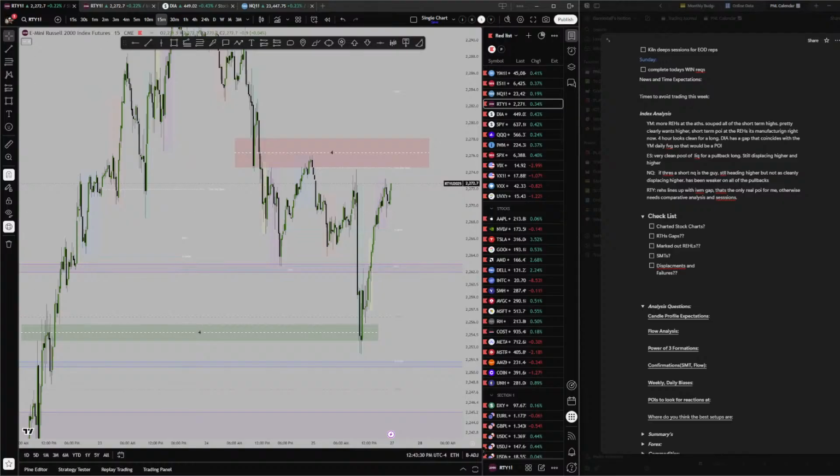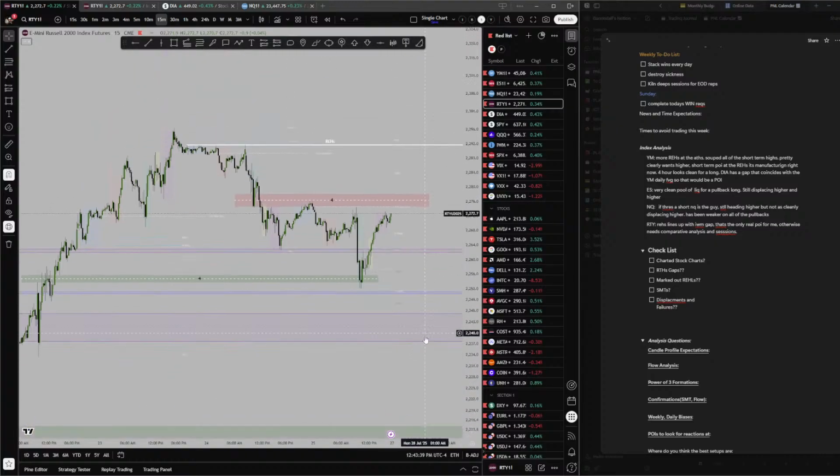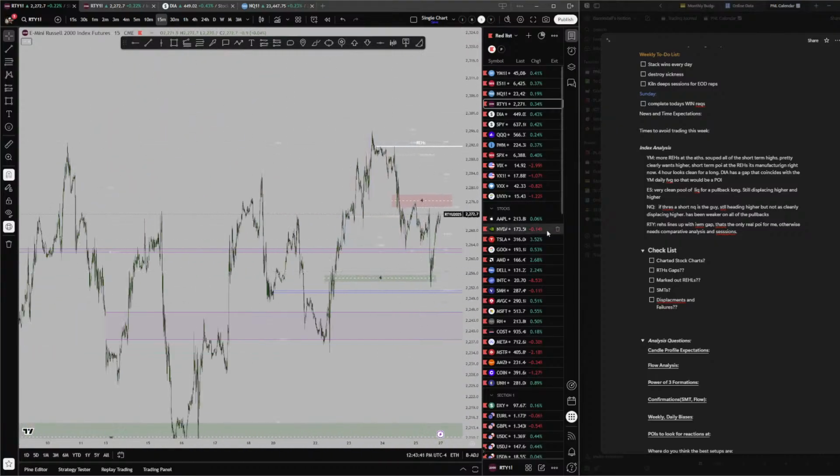All right, so from my perspective, I'm actually biased for a bullish weekly expectation so far. Oh yeah, let's look at the flows.